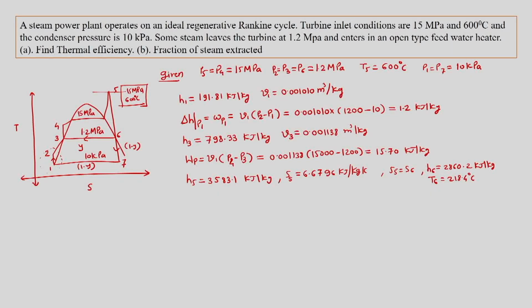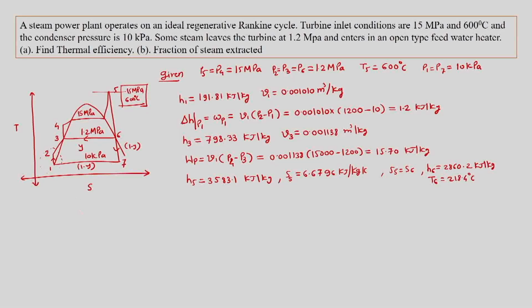We should also keep in mind that if we are using the steam table, we might not get exactly the same entropy. Then we have to interpolate between two entropies and find an intermediate value, and then go back and find H2, which is H1 plus delta HP1.